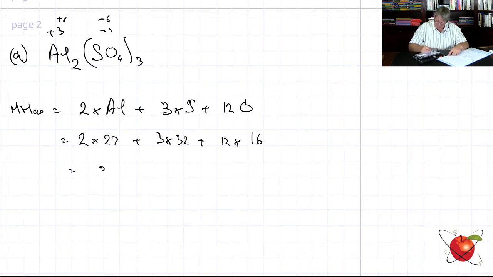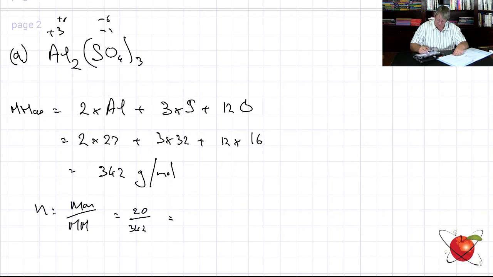Molar mass, 342 grams per mole. Therefore, number of moles is going to be m over molar mass, which is 20 over 342, which is 0.0585.